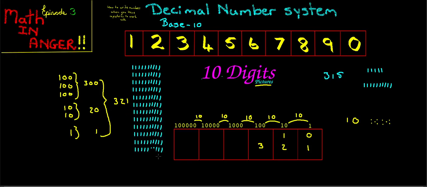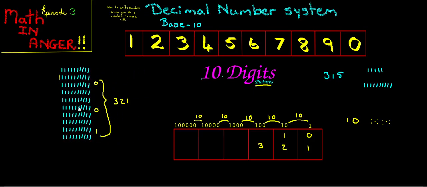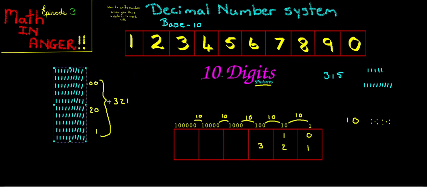Okay, let's see what we have here. That's 1, 2, 3, 4, 5, 6, 7, 8, 9, 10. Okay, so what we have here is a stack of 100 lines. So when I write this, it means I have 3 of these stacks.